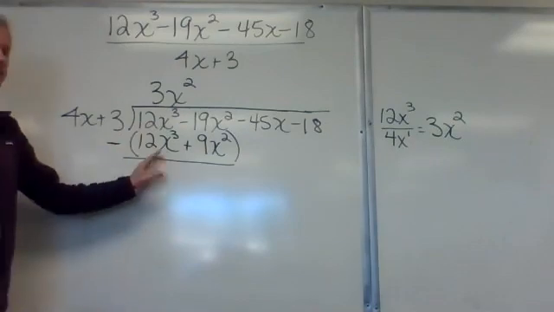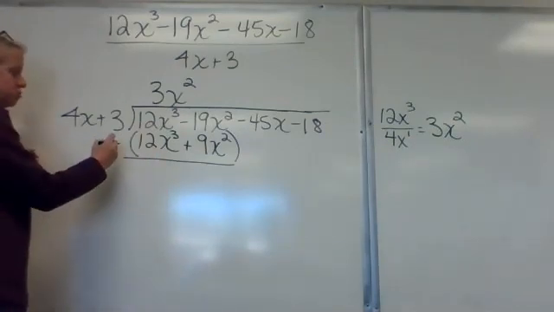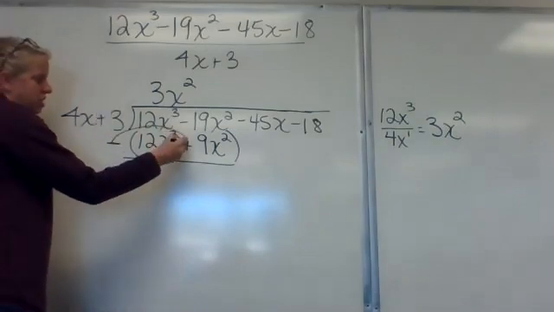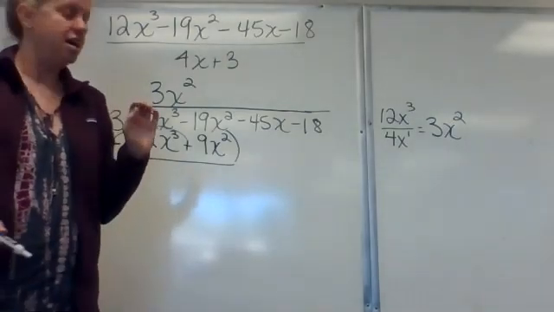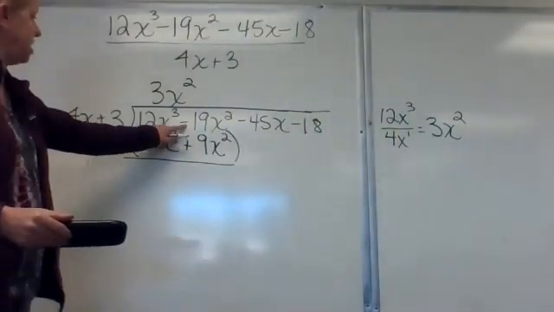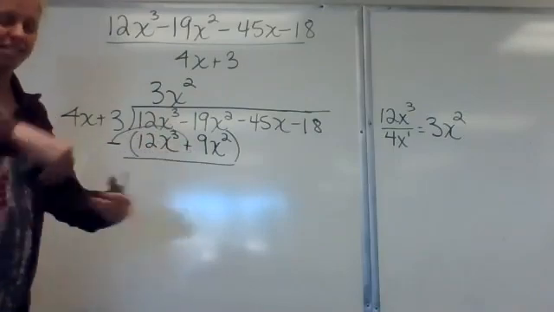So 12x cubed minus 12x cubed goes away. Now remember, I'm subtracting. So this time, what does this minus turn this into? It turns it into a minus. So I've got, and if you want to put it in your calculator, what do I need to tell my calculator I'm trying to do here? I need to say -19. This turns this into -9.